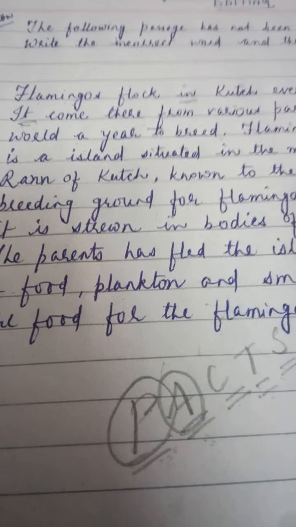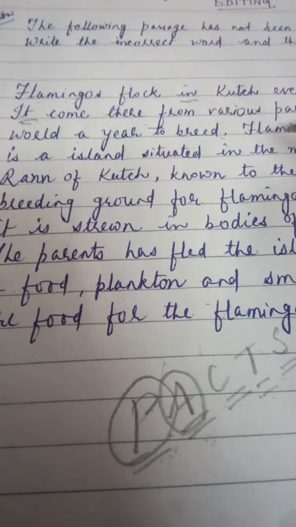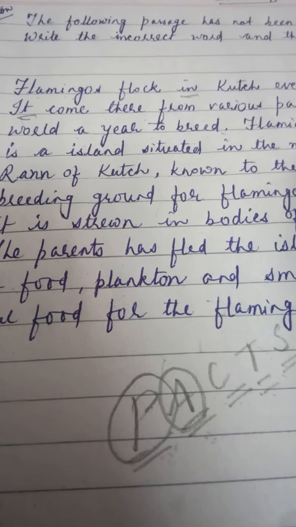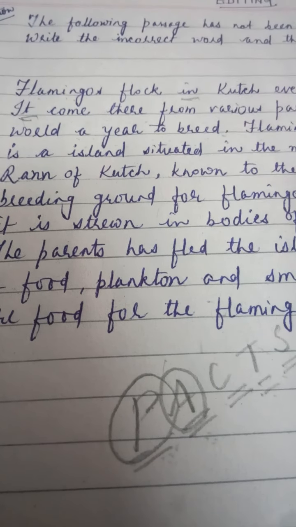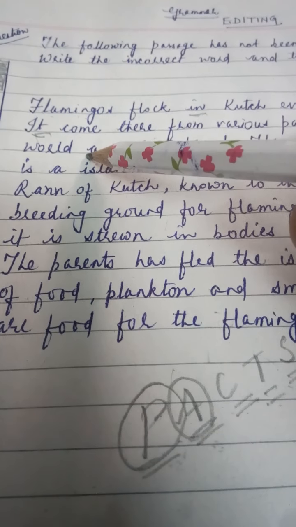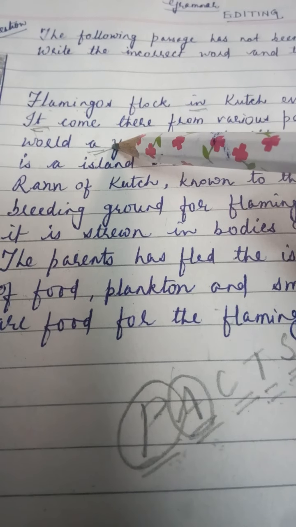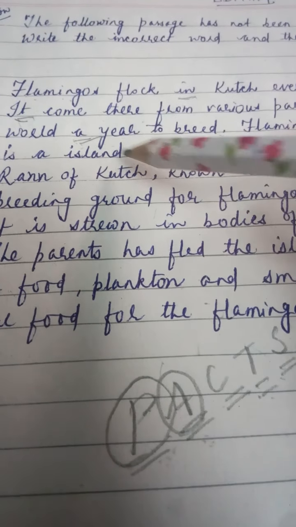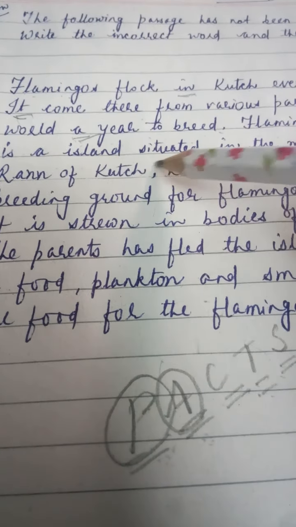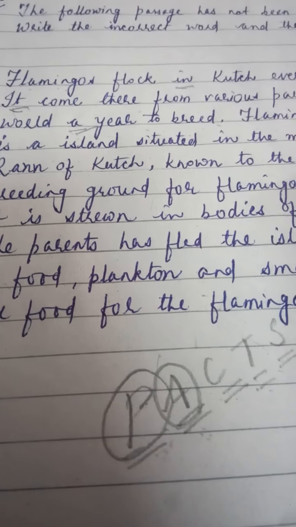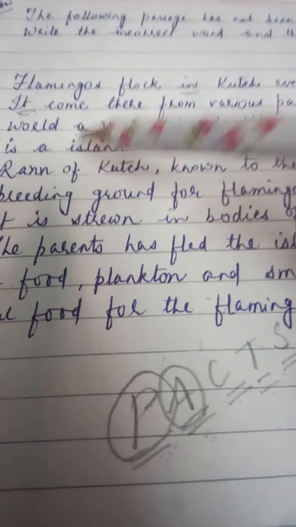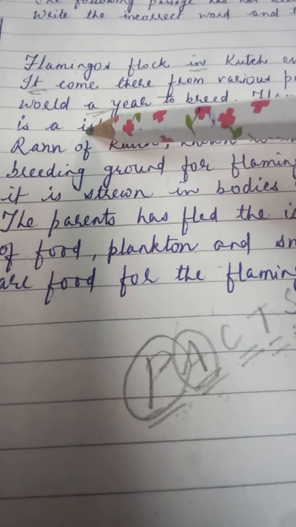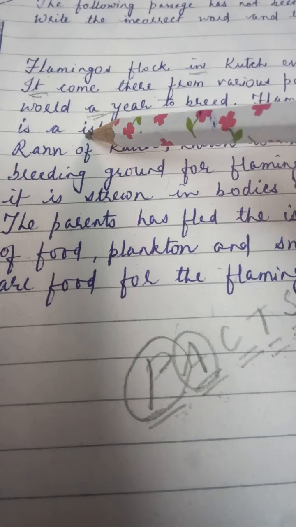Flamingo City, it is a noun. Flamingo City is the name of a city, so it cannot be changed. There is no error. Flamingo City is a island situated in the middle of the Run of Kutch. Here it is clearly seen, island begins with a vowel.